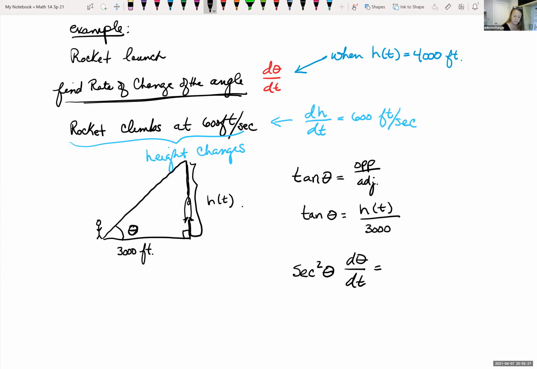This is equal to the derivative of h, which is dh dt. You can think of this as 1 over 3,000, which is just a coefficient in front.